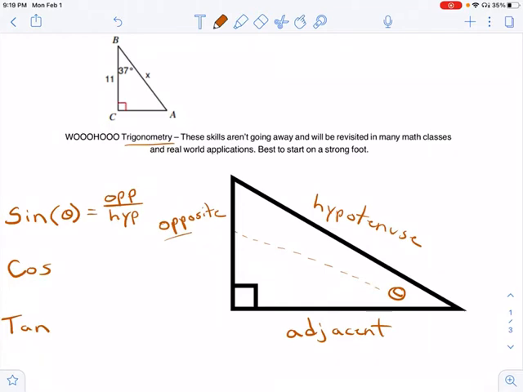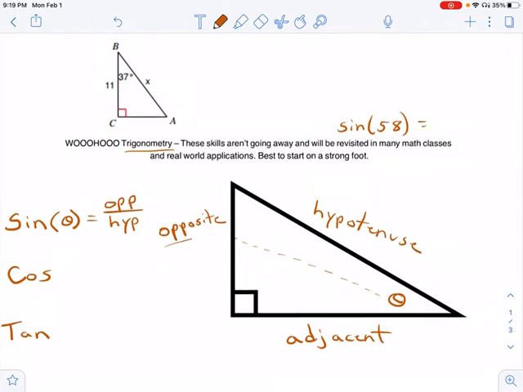So depending on the angle that I give it, I would literally type into my calculator sine 58 and then hit enter, and it's going to spit out some value. Just as an example, if I actually type that in, I end up getting 0.848.